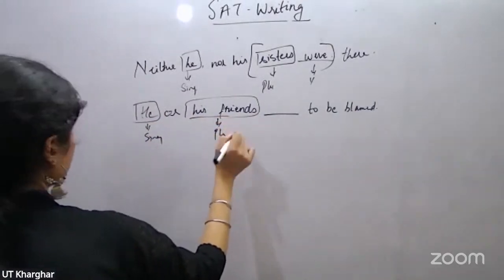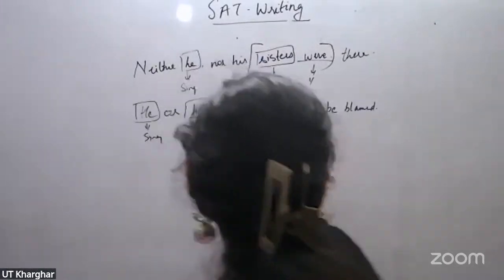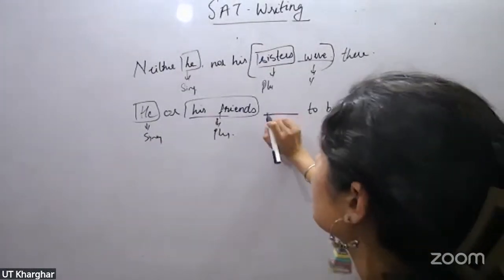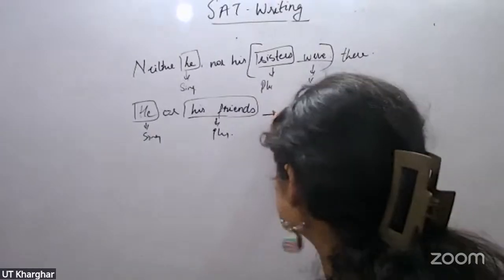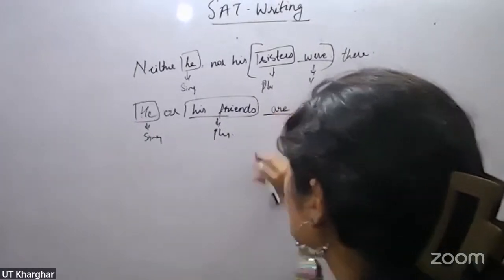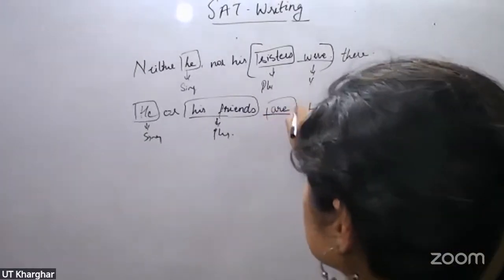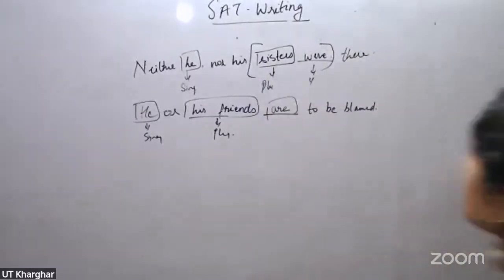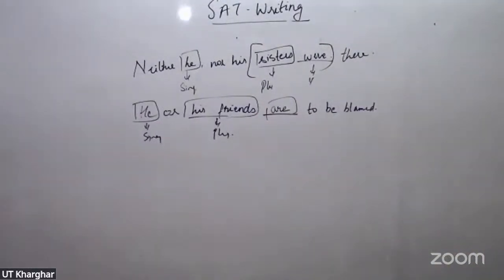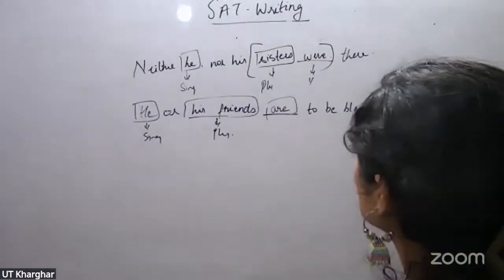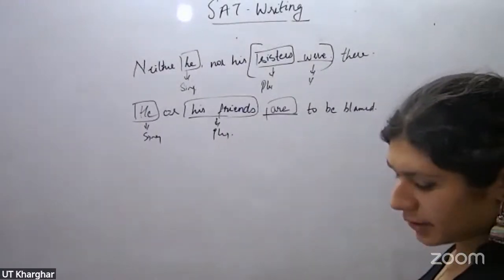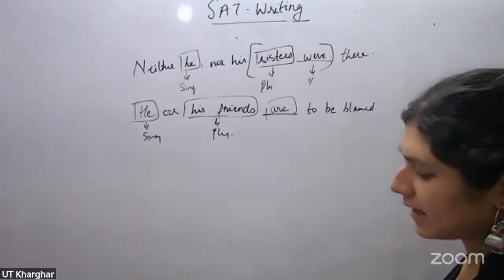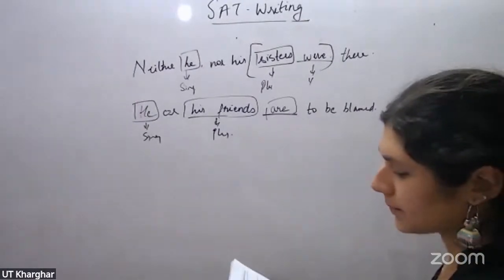His friends is plural. The closest one will be friends. So he or his friends are to be playing. Is or are, the verb. To be playing. Fine. So, did you understand? You have to look at the subject that is the closest to the verb.